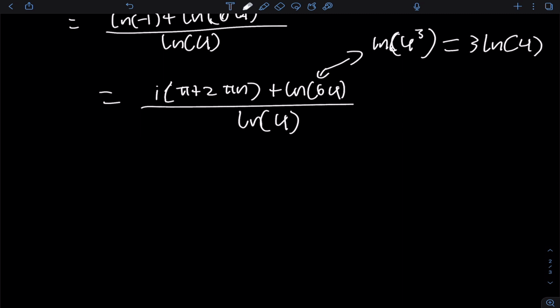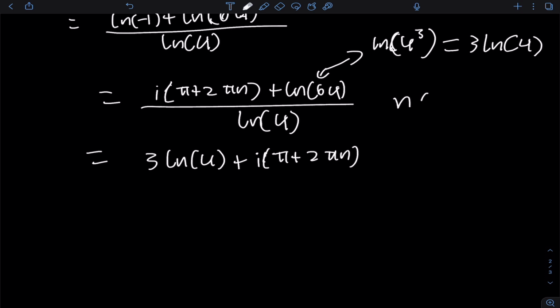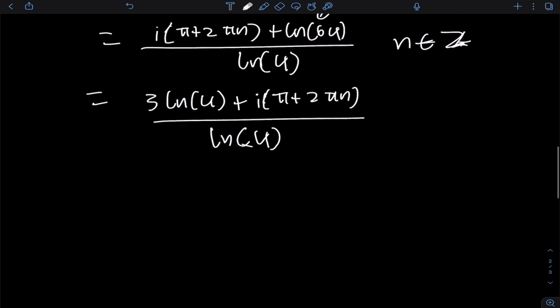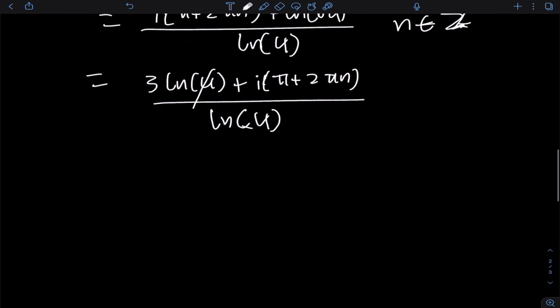So what we have now is, let's write this as 3 natural log of 4 plus i times pi plus 2 pi n. And let's make a note here that n is an integer, so we have integer multiples, and then that's all over the natural log of 4. And what we can finally do is split the fraction, and the natural log of 4 in the numerator and denominator will cancel.